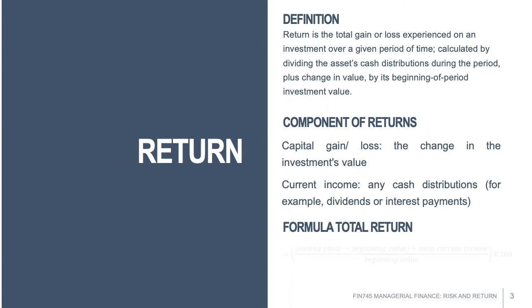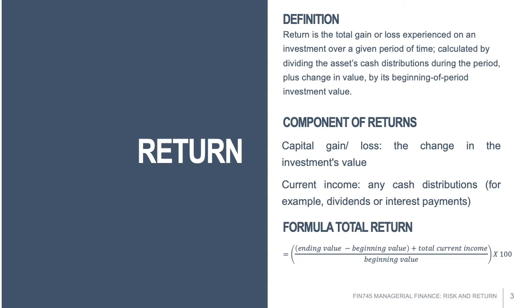So what is return? Return is the total gain or loss experienced on an investment over a given period of time, calculated by dividing the asset's cash distributions during the period plus change in value by its beginning of period investment value. We have two components of return.